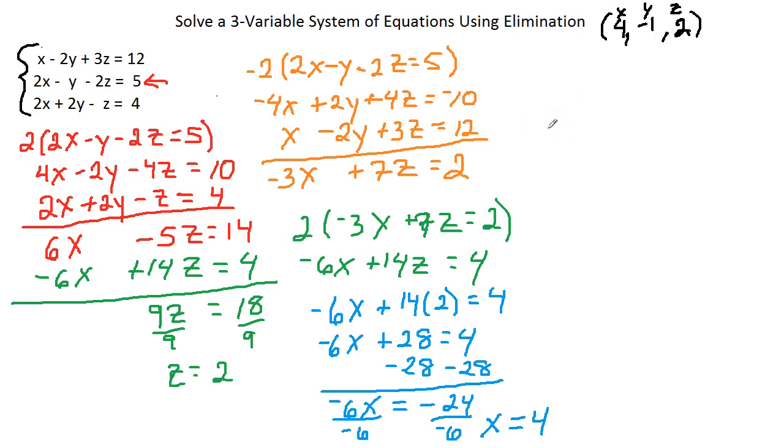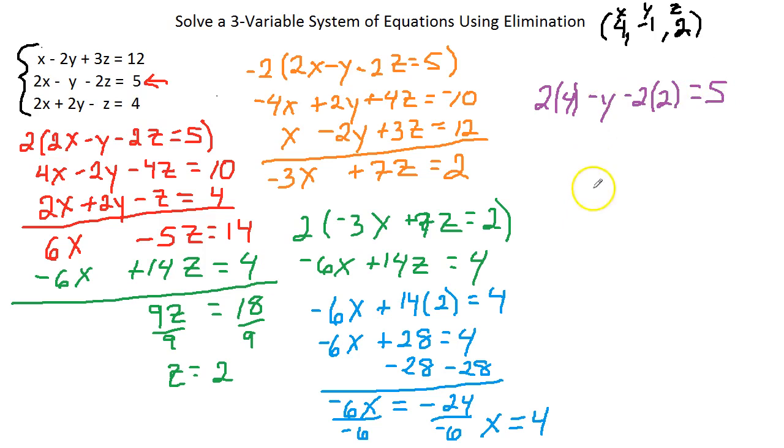How about I just use that second equation that I started with? So I have 2 times, in place of x, I put 4, minus y, minus 2 times, in place of z, I put 2, equals 5.